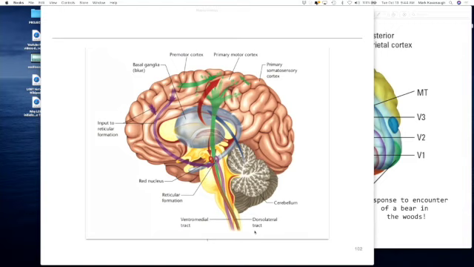The ventromedial tract is the part that is sending information to the muscles and to the rest of the body. Now, up here is the primary motor cortex.